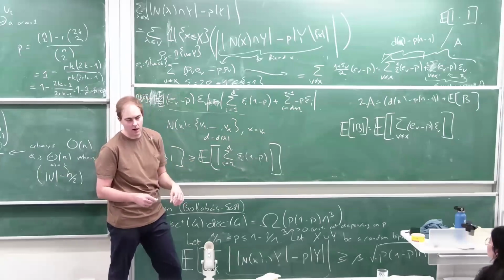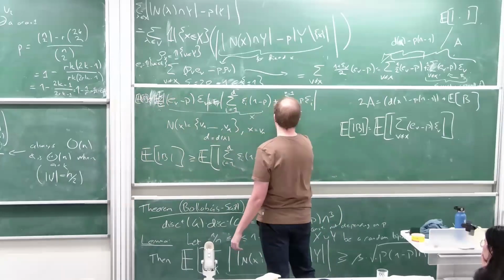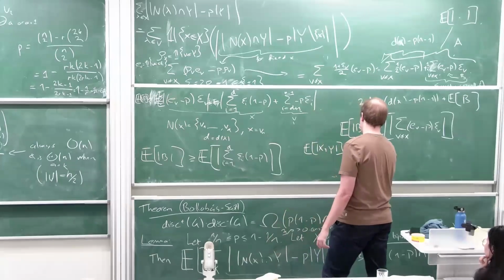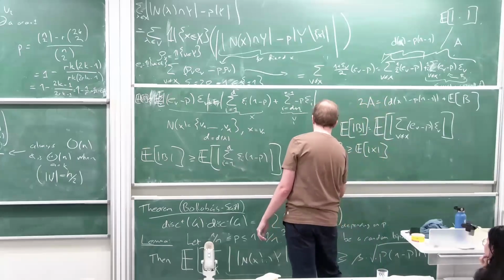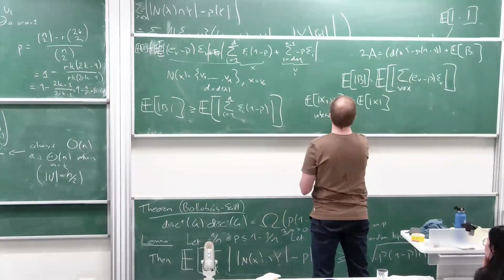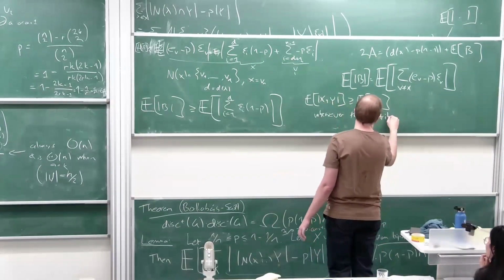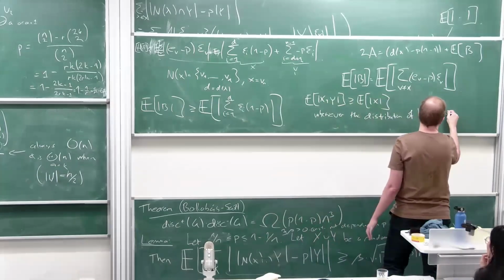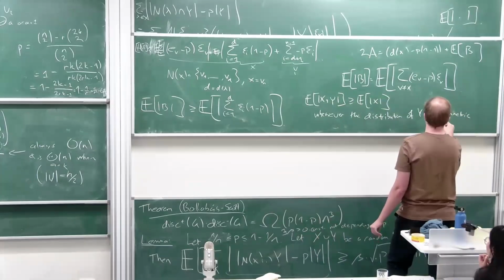And here we use the same argument that if we call this x and this y, then the expectation of the absolute value of x plus y is always at least the expectation of the absolute value of x, whenever the distribution of y is symmetric around the origin.